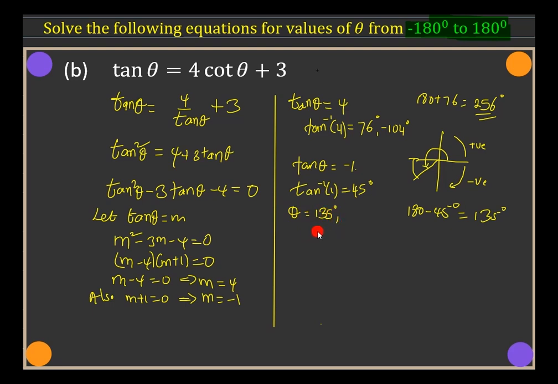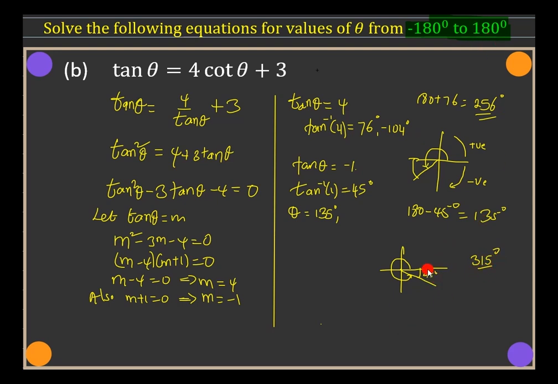We have another value in the fourth quadrant, and how do we get that value? The inclination to the horizontal is 45 degrees, and the angle is supposed to be this one. If I work out that angle, I'm going to get 315 degrees, and that angle is outside the range.